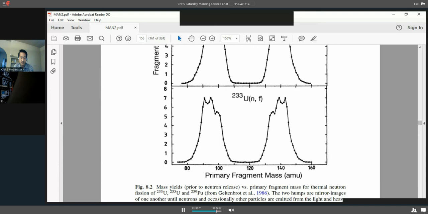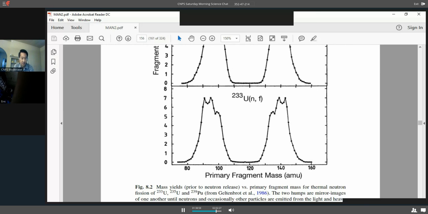You'd have to look at that paper by Geltenbrot in 1986 to see what it is they're actually plotting there. But normally, what they're plotting here is fairly clear. The vertical scale is the frequency of occurrence, and the horizontal axis is the AMU of the particle that was detected.